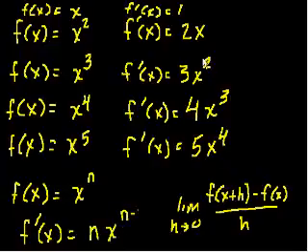And you see, this is what the case was in all of these situations. So if n was 25, x to the 25th power, the derivative would be 25x to the 24th. I'm going to use this rule, and then show you a couple of other ones, and then we can figure out the derivative of pretty much any polynomial function.